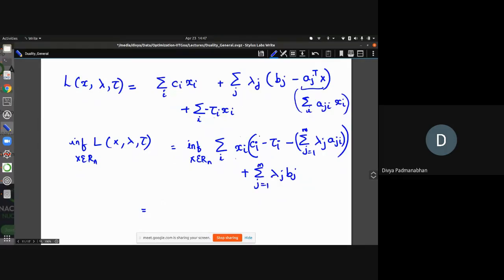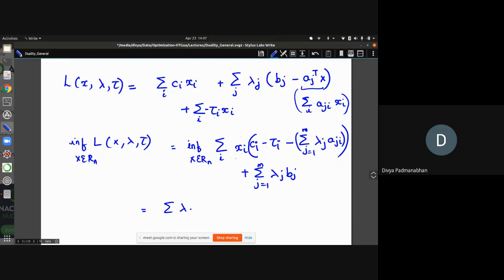Okay, for every i, if this term is 0, c_i minus tau_i minus this term here, so if this whole coefficient of x_i becomes 0, then this whole term vanishes and you're left with summation lambda_j b_j.